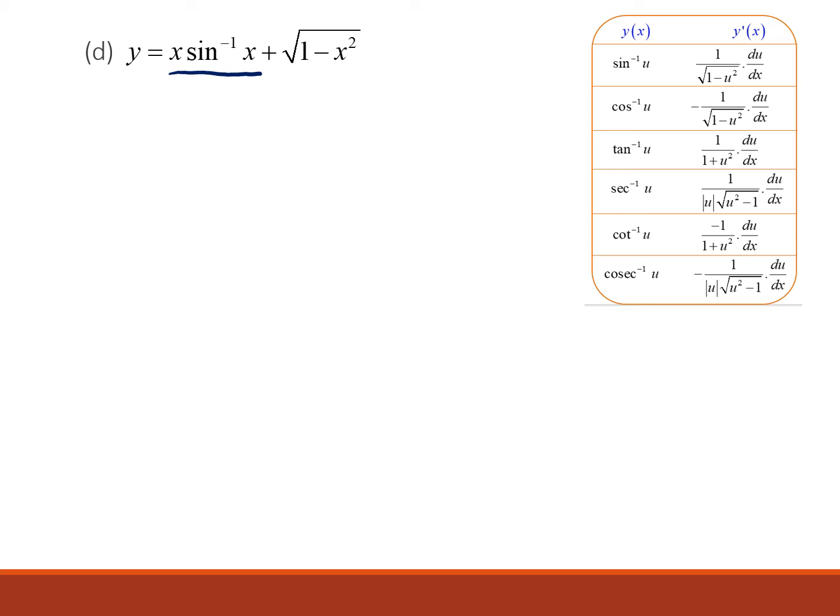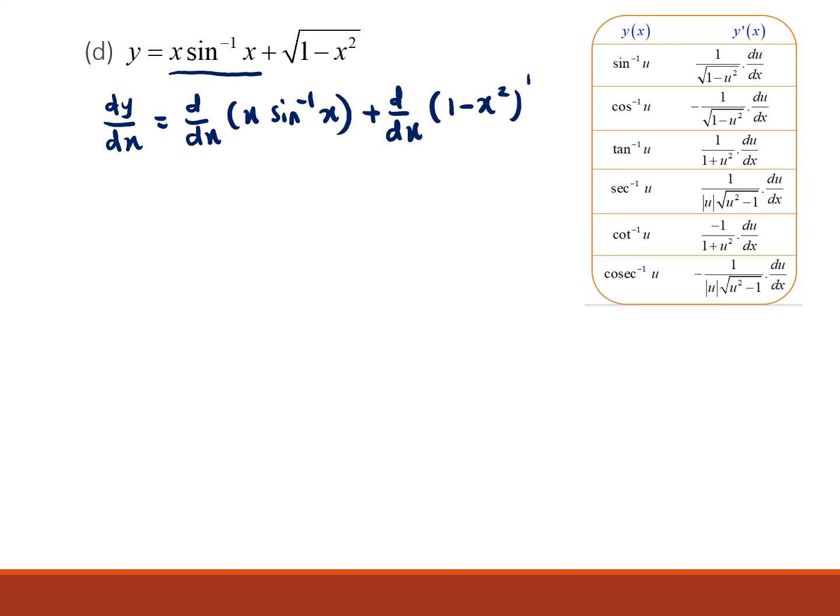So what we can do, first of all, is find dy over dx equals d over dx of x arcsine of x plus d over dx of the square root. I just rewrite this as (1 minus x squared) to the power of half.